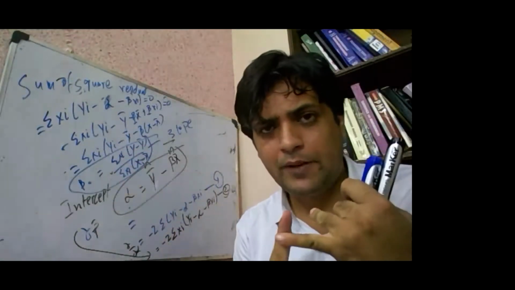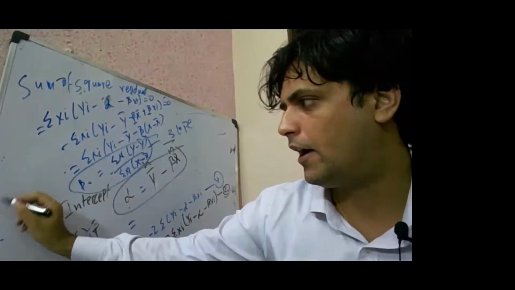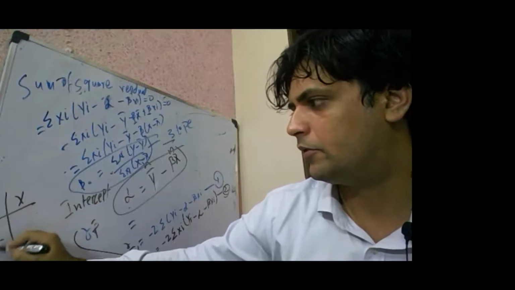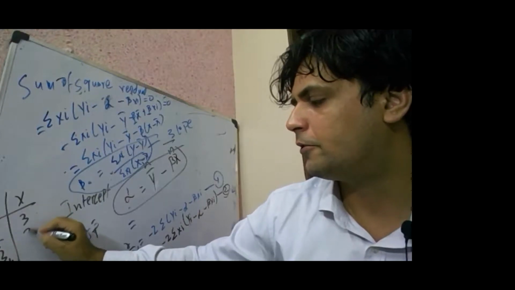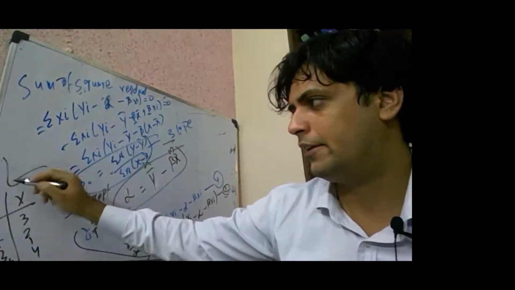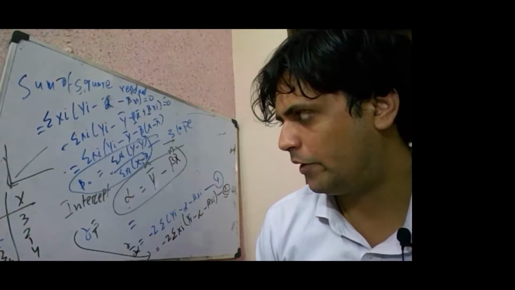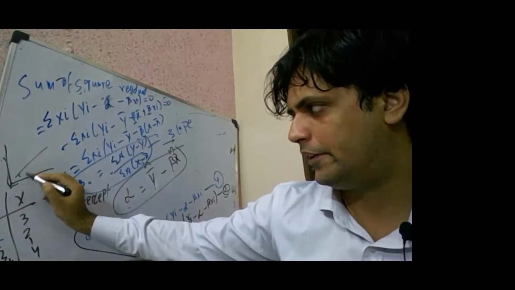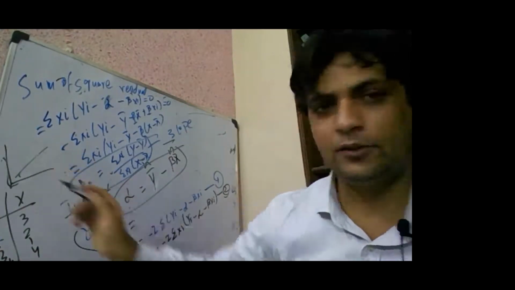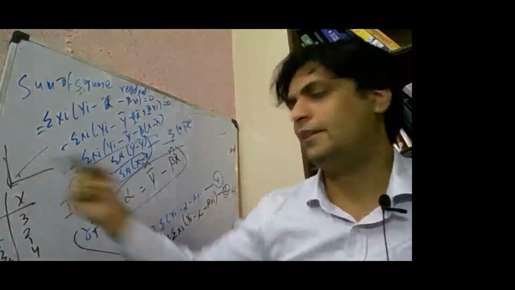When you have x series, when you have y series. So if you have this y and x, 1 2 3 4 and 3 2 1 4, and I ask you to plot it, let's say you plot it, I'm just giving you an example, right? So you plot it in this way. So when y is 1, x is 3. So when y is 2, x is 3. So if I ask you what is the slope and intercept of this line, you can easily get it.